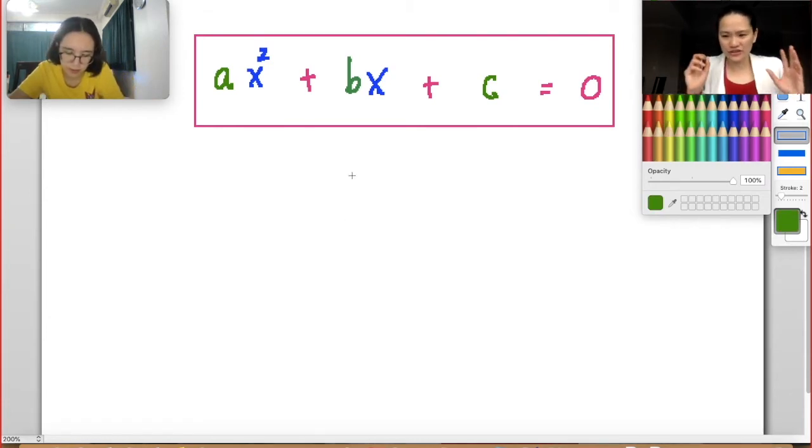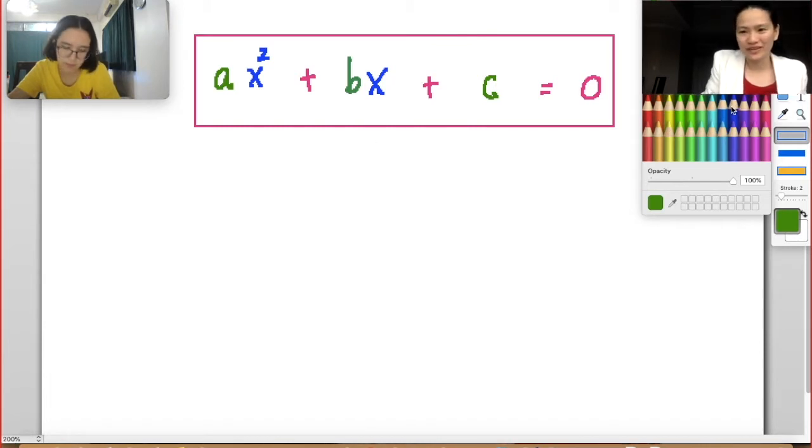And then after we know that, we go to our favorite formula here.